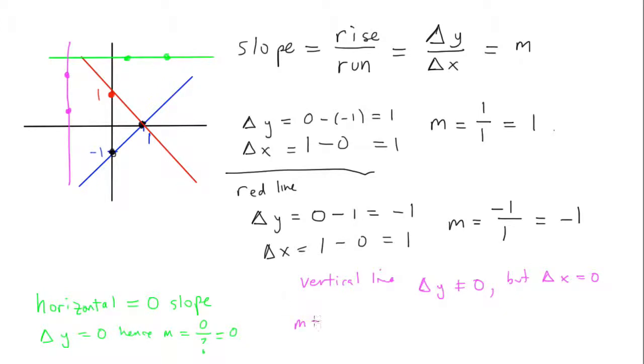And that's a problem because then we'll have m being something divided by 0, and division by 0 is not permitted. Okay? So in this case, we say that the slope is undefined, or simply no slope.